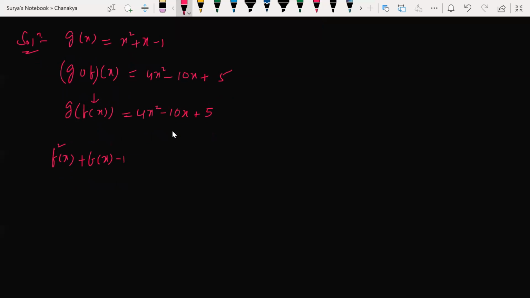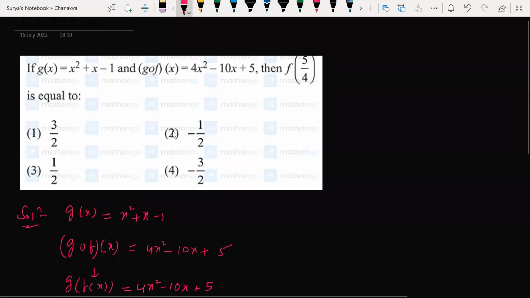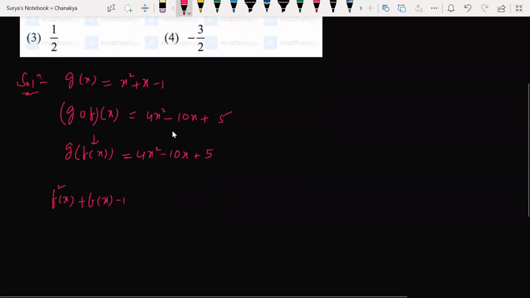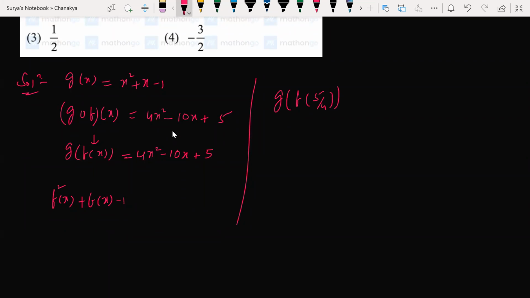So now look at this here: f square of x and f of x minus 1. What has been given here, then f of 5 by 4 we need to find out. That is g of f of 5 by 4, correct? So it is equal to 4 into 5 by 4 whole square minus 10 into 5 by 4 plus 5.